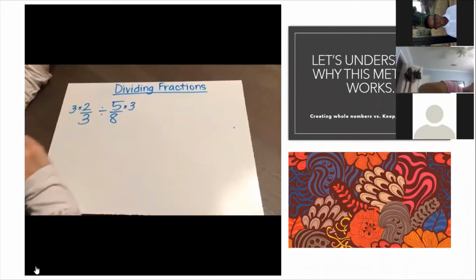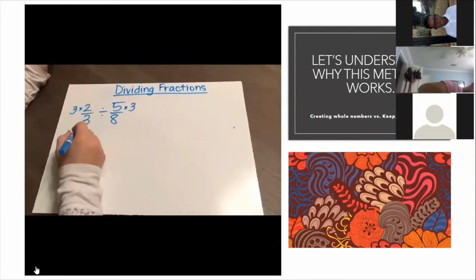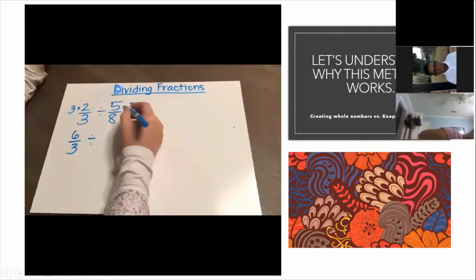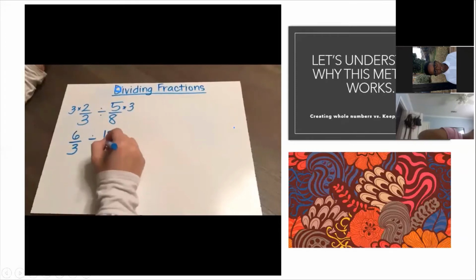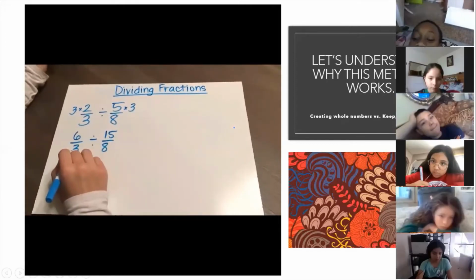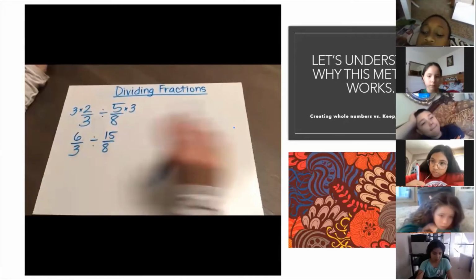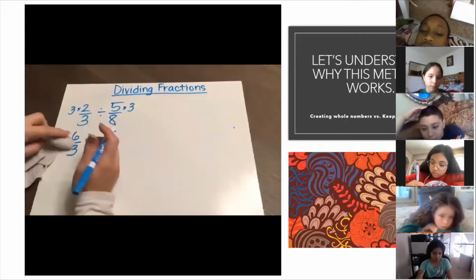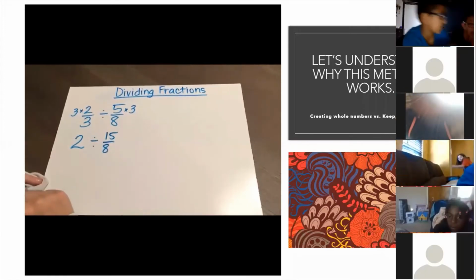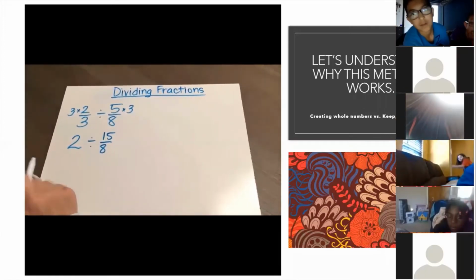So if we multiply this by 3, we actually get 6/3 divided by 15/8. And 6/3 we know is 2 wholes, or 6 divided by 3 makes 2 wholes. So we just created a whole number there by multiplying everything by 3.